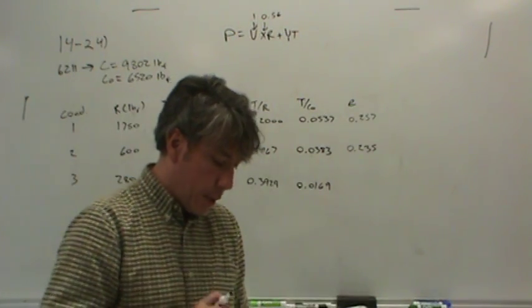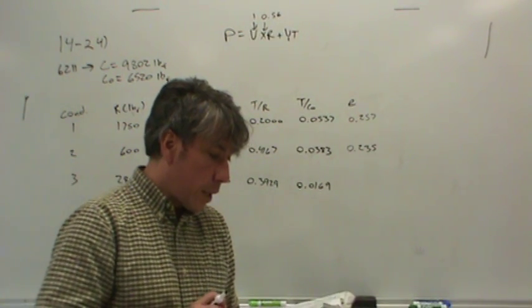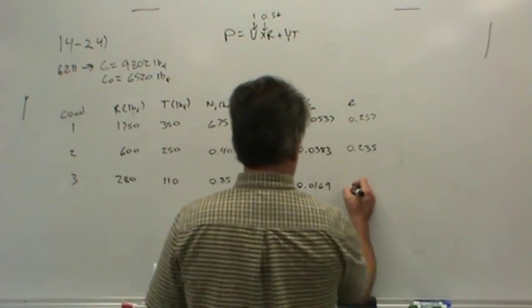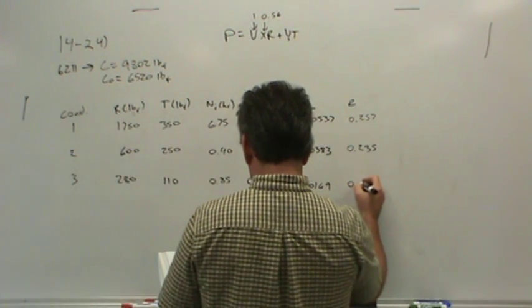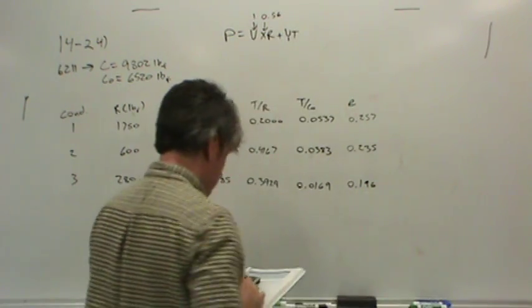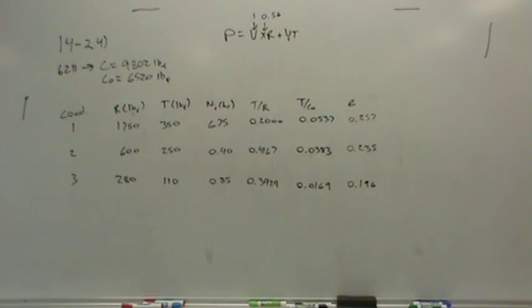I can do that in my head, that's 0.03. Okay, plus 0.19 gives us 0.196 or so for E in that column.